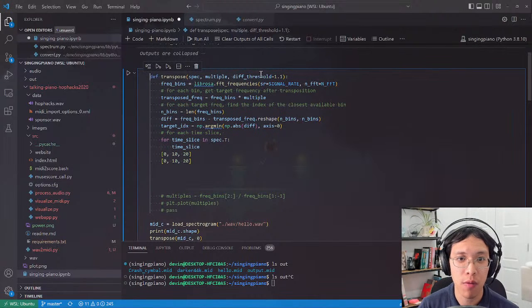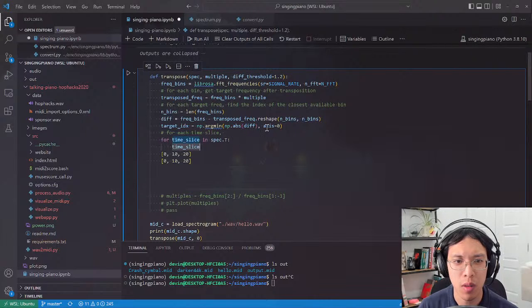So what that means is if the difference is beyond 1.1 in the ratio between the middle of this bin and the target frequency, we're just going to drop that sound. Let's go a little bit bigger, just because I don't know what's a reasonable threshold here. Incidentally, 2 would be an octave, a multiple of 2 gives an octave. So a multiple of 1.2 is maybe a third, roughly, in music theory terms. So we'll go with that for now.